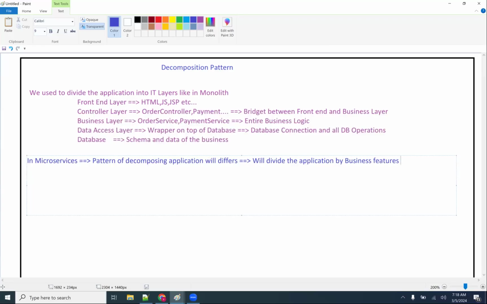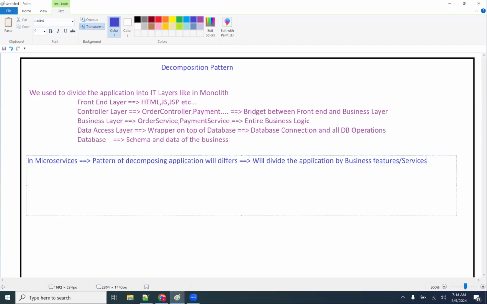That is decomposing the application by business features. Every business feature is a service, or I can take anything here. We will divide the application by business features or business services. How many services my business has, that many parts I'm going to divide the application into.